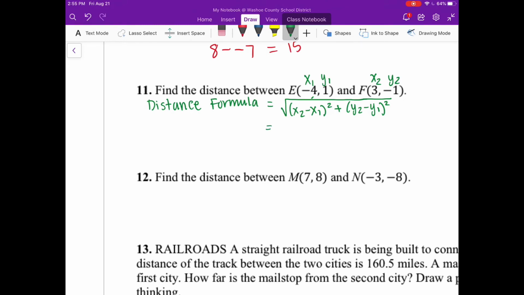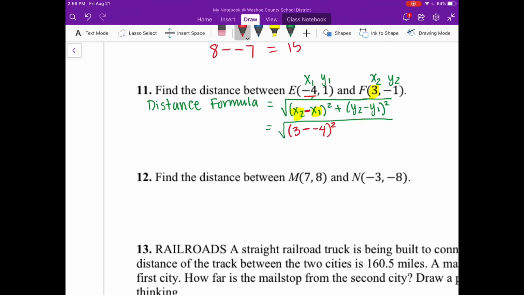substitute. Okay, so I'm going to keep going here. Keep the square root the same. So x2 minus x1. So identify which one's x2. That one's going to go first. For me, the x2 is 3 minus, and then x1 is negative 4. You have to make sure and be careful here.